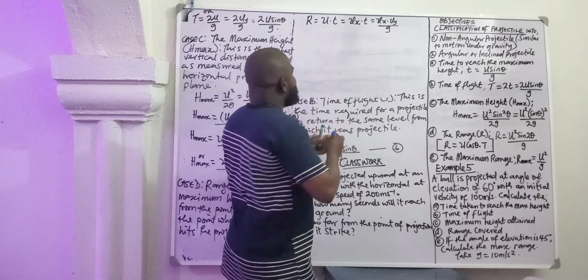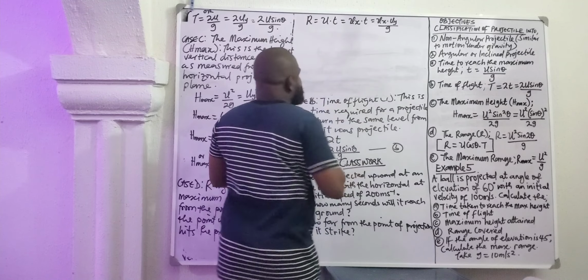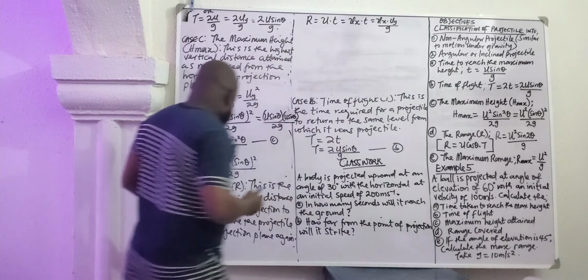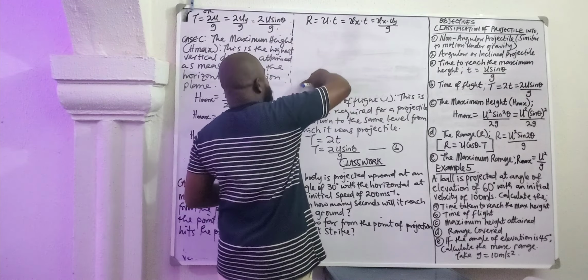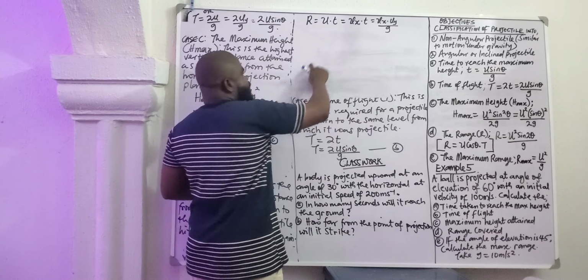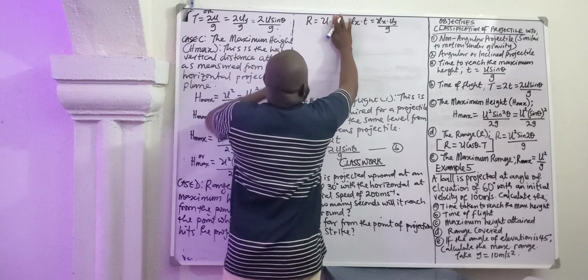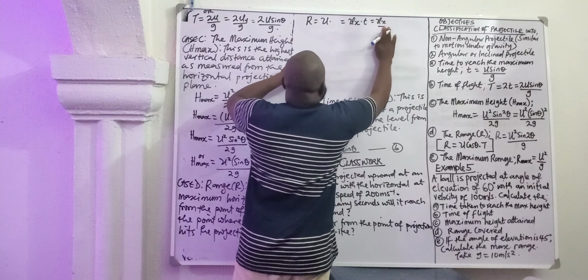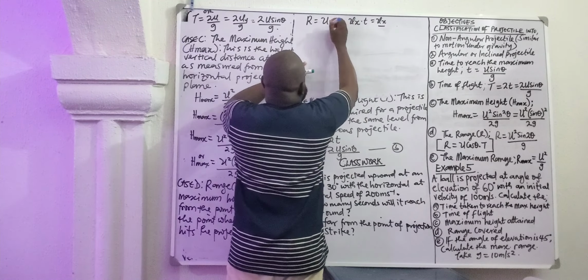Good and fine. So here, if we do that, I'm going to change this t with capital T, total time, because for this motion now we are considering the object moving the full length. So let me replace it with capital T so that it will be easier for us.